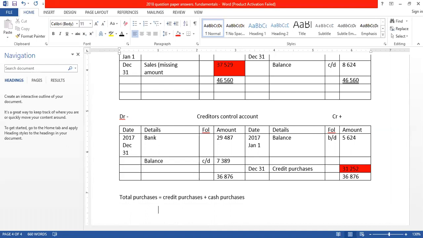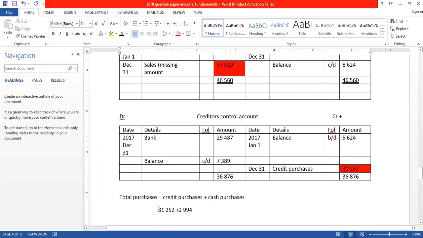So it's 31,252, and then you add your cash purchases that you are given in the transactions there, purchase of goods of 2,904.